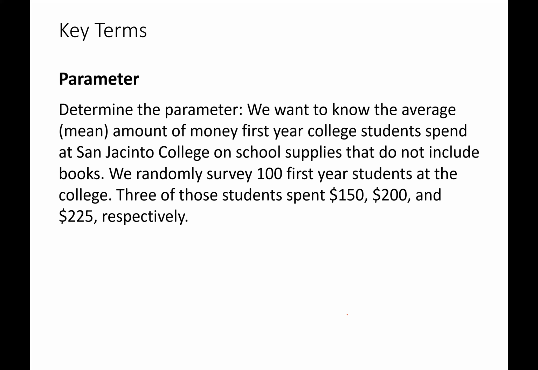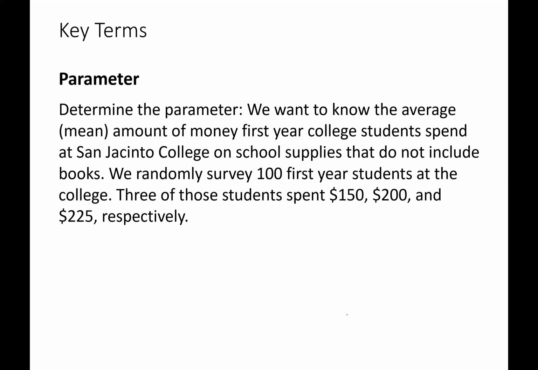Okay, so determine the parameter. We want to know the average mean amount of money first-year college students spend at San Jay College on school supplies that do not include books. We randomly survey 100 first-year students at the college. This always bothers me because I'm the one that did that.